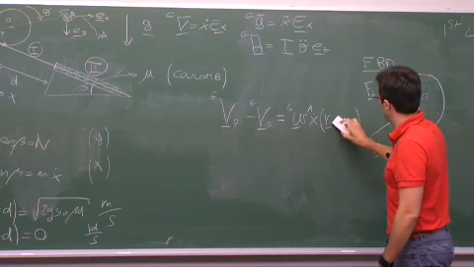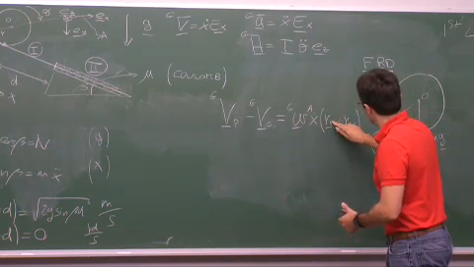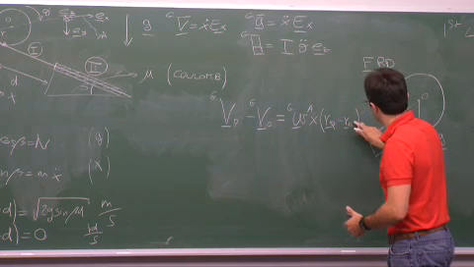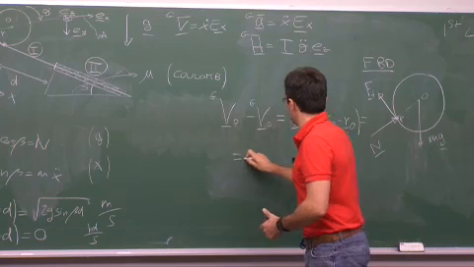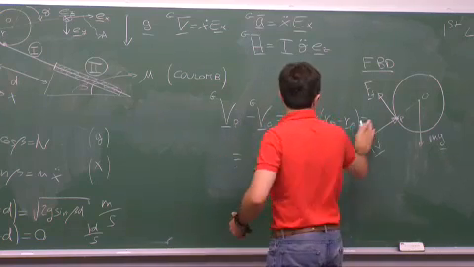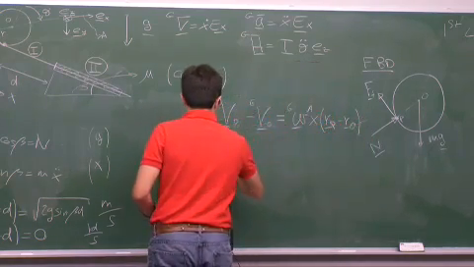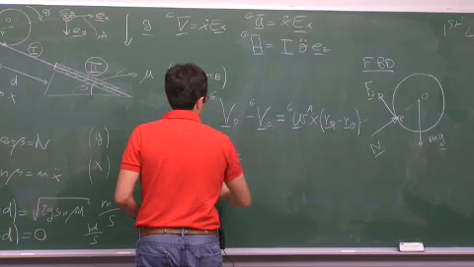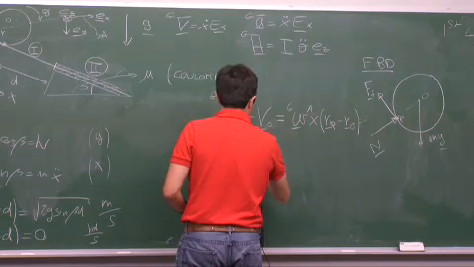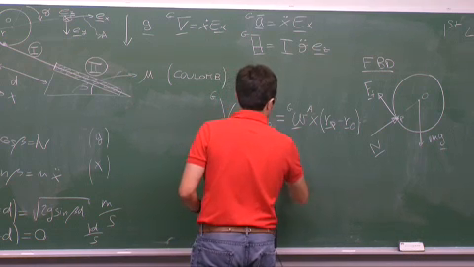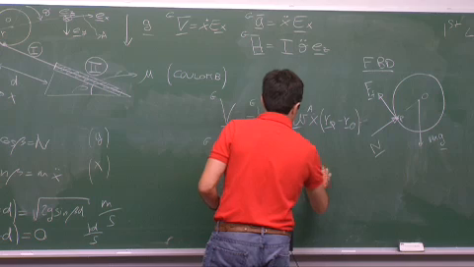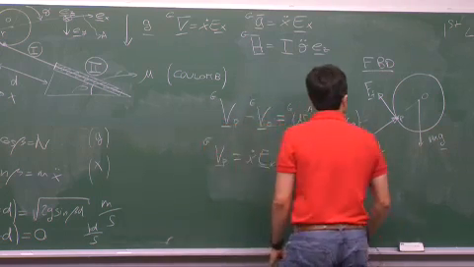What do I have here? I have RP and RO. So this is telling me that VP in G is the velocity of the center of mass, the x dot EX, plus theta dot EZ cross with what?